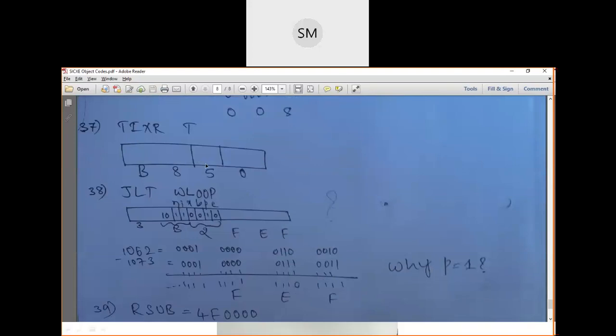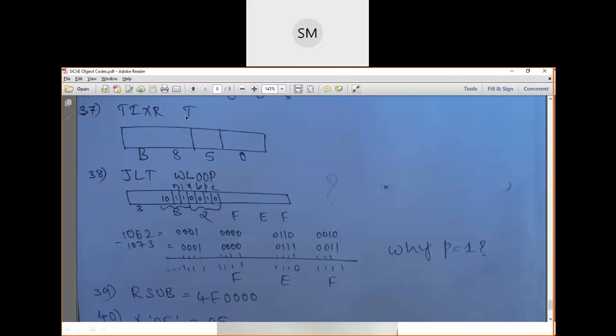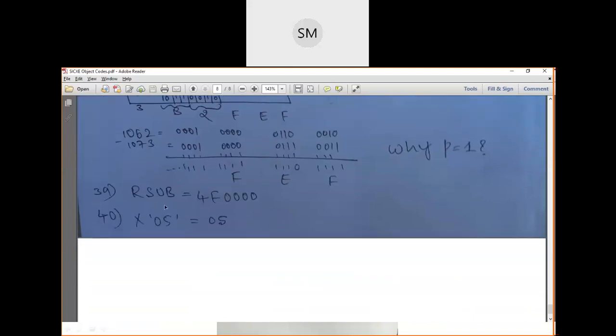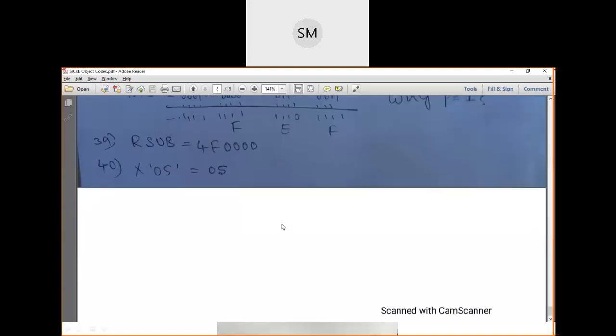TIXR T, format number 2. The register number for T is 5, and here there is no second register, so I kept it as 0. And here JLT loop is also format number 3 with program counter relative addressing mode. Then the last is RSUB, again format number 3, so it becomes 4F0000. Then X'05', that is 05 directly.